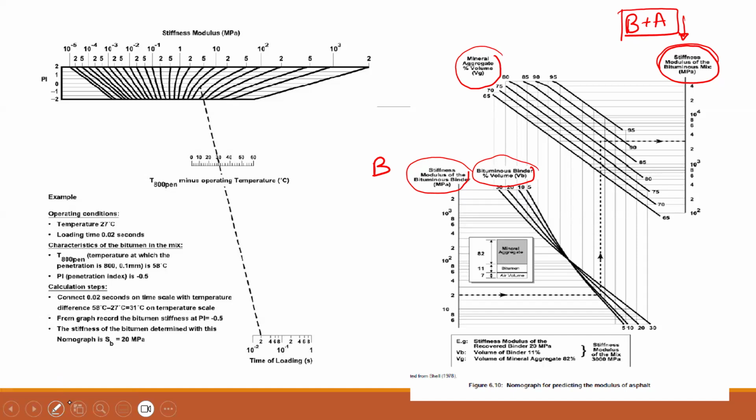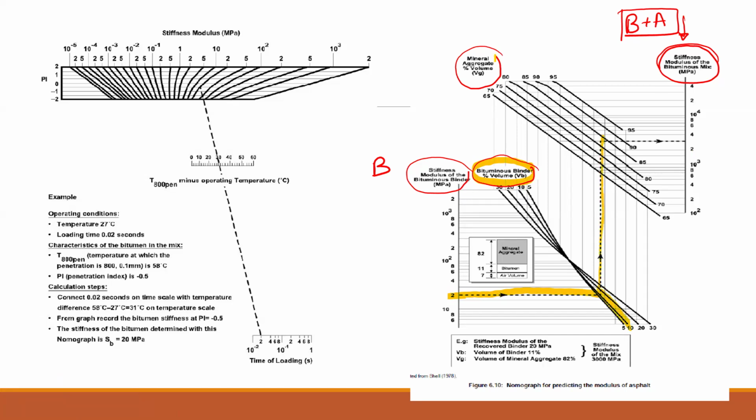So here they have shown us: if you know the modulus of the binder, for example, if it is 20, you draw a horizontal line. And here you have the volume percentage of the binder. If they are taking it as, I think, 5, 10, if it is 10, it is this line, and you draw a vertical line from there.